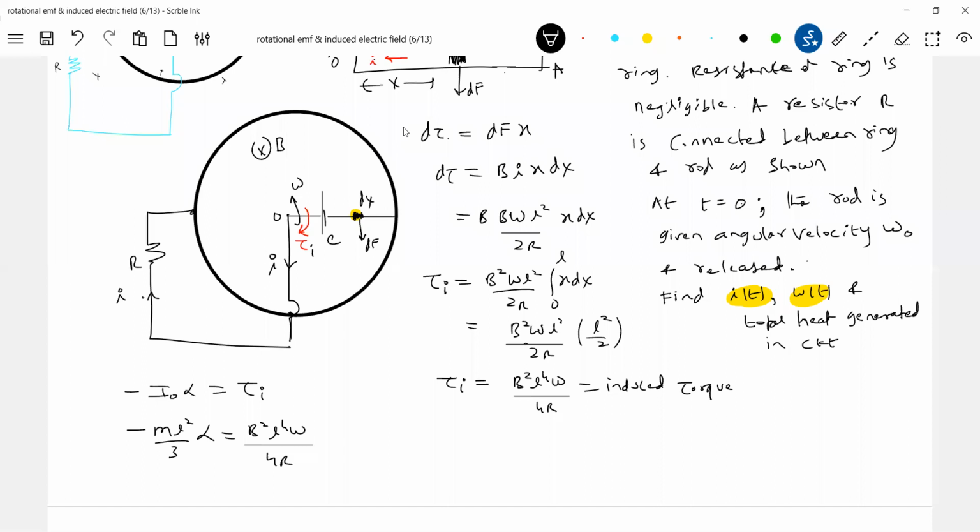Do remember, because every time you can't calculate the torque due to induced current, immediately begin and apply the rotational mechanics concept. Replace the rotating rod with a cell, then look at the conditions. After that, what is the induced torque, directly write this and write down Newton's laws of motion for rotational motion, then carry on with the mathematics. So alpha you can write as d omega by dt, then integrate.